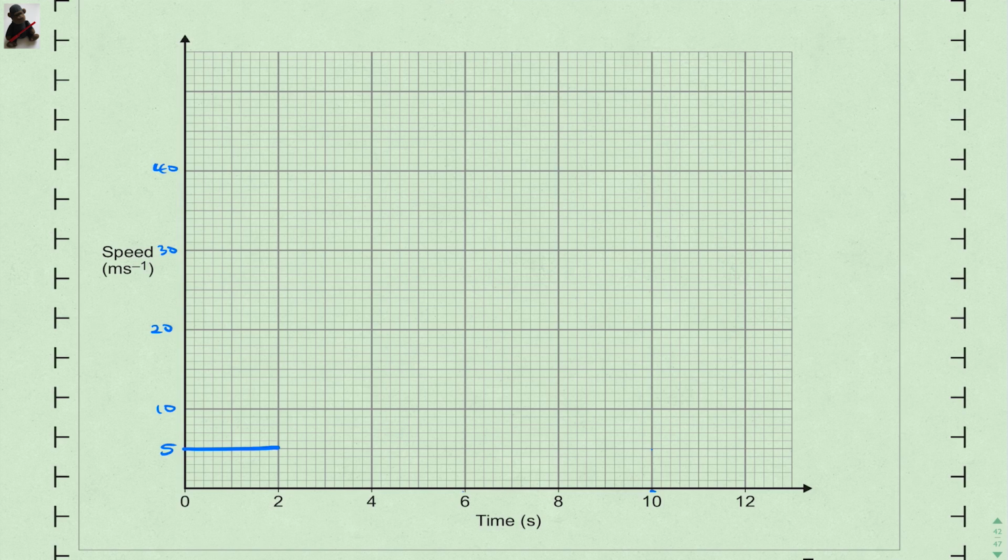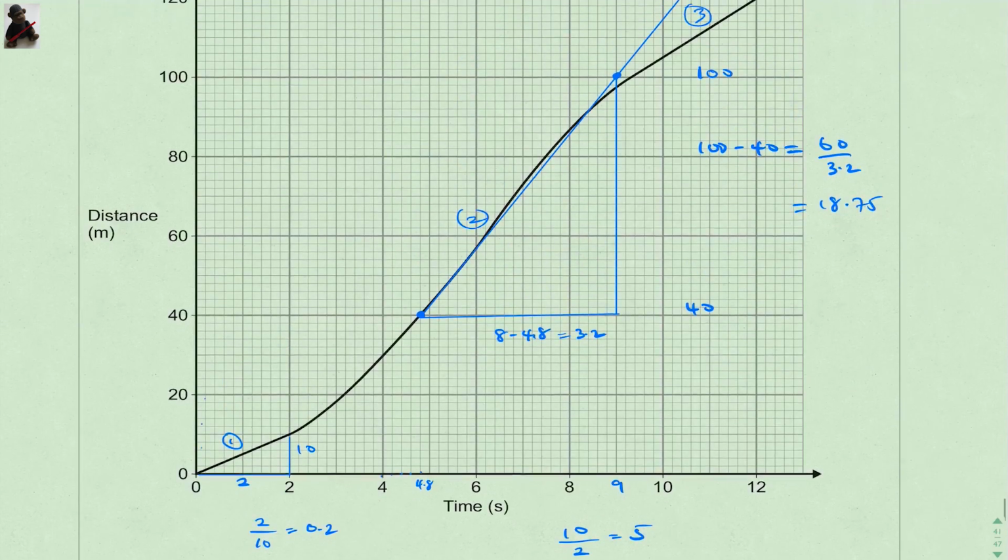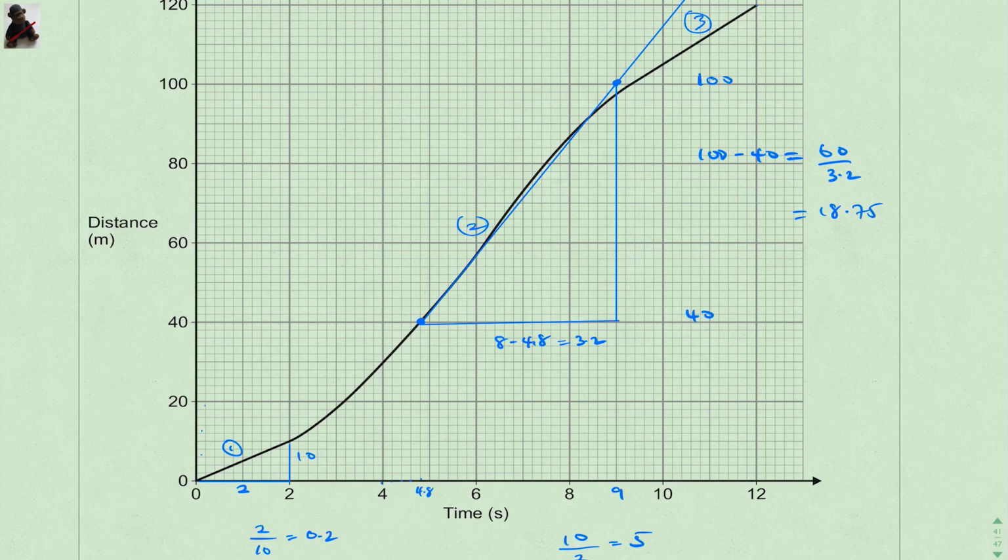So 18.75 will be, so that's 15 here, 16, 17, 18. 18.75 will be somewhere there. So that's a curve. That's the maximum, right? We're assuming that's the maximum point. That's a curve. And then this will just go up there to meet the curve.